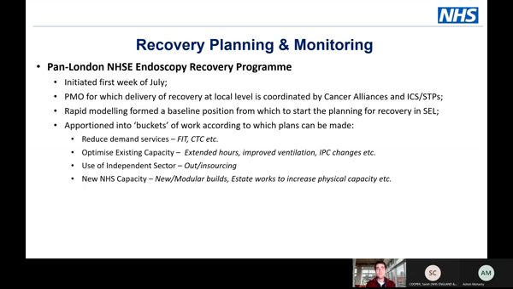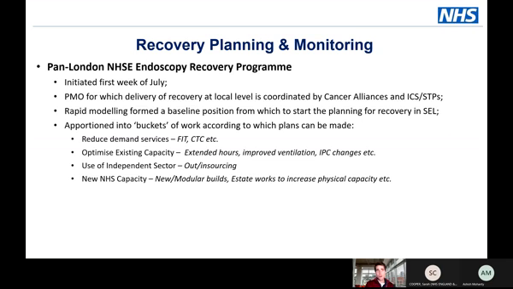And that recovery conversation mostly focuses on, well, what are the things that we could be doing now to either reduce demand or increase capacity? Those roughly fell into rough buckets of work, which is what we called them at the time. They would be reducing demand, so the use of FIT to triage the waiting list and move patients away from endoscopy if not appropriate, or CT colonography, which is an alternate investigation for some people on an endoscopy waiting list.